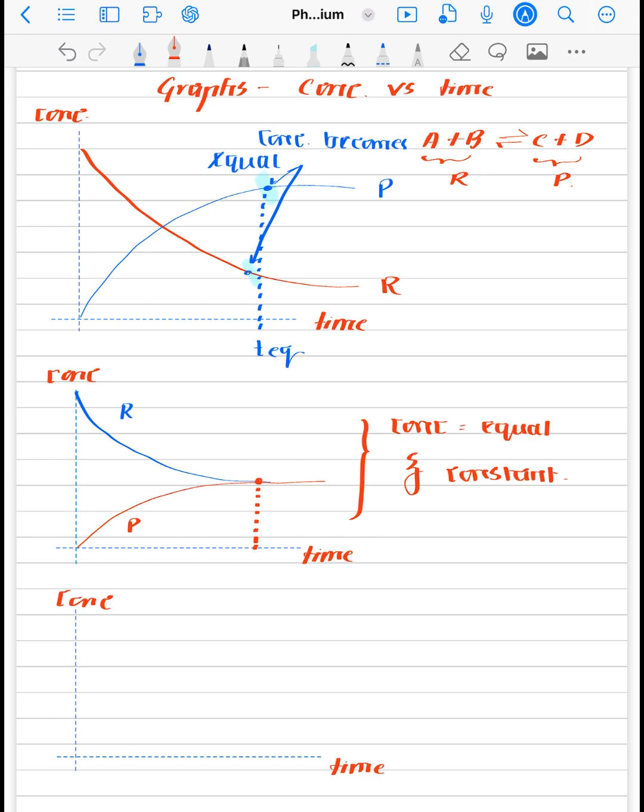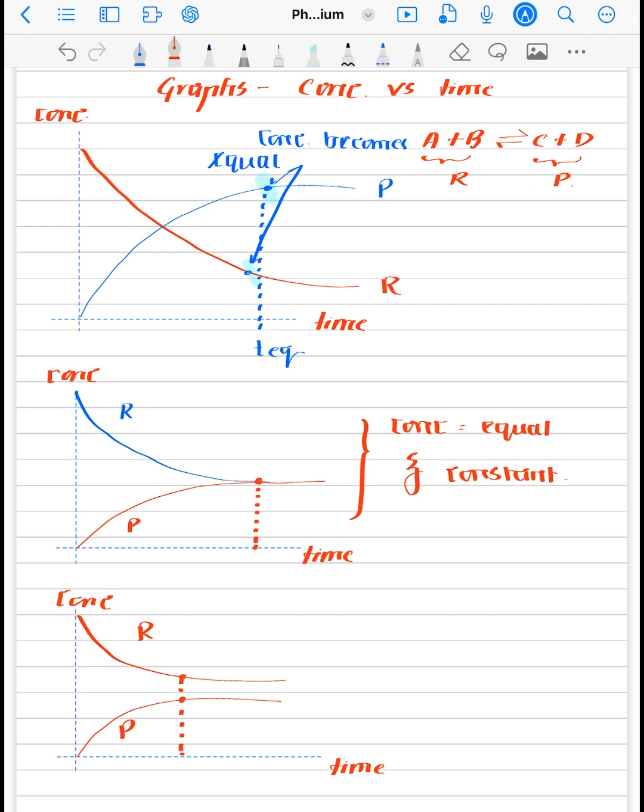On the other hand, the third case of a graph is where one would observe that with respect to time, the reactant concentration of course decreases and the product concentration of course increases. This is what is happening. Now, after a certain interval, let's say after this particular zone, we can observe that the concentrations are becoming constant, but they are not equal. So, this is point number 3.